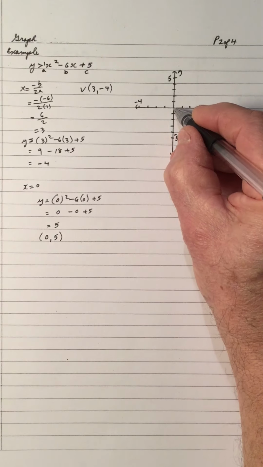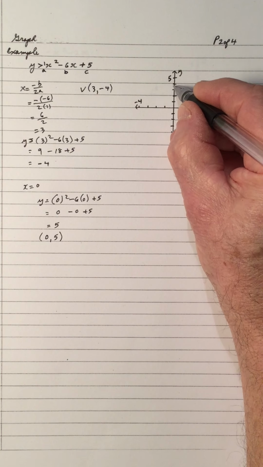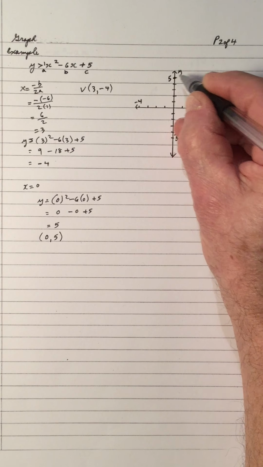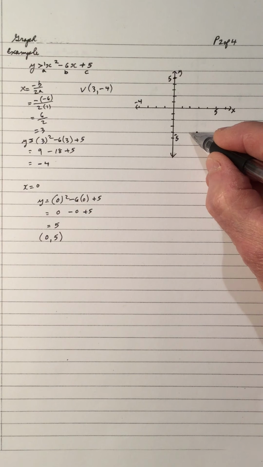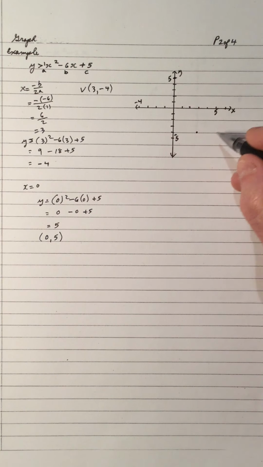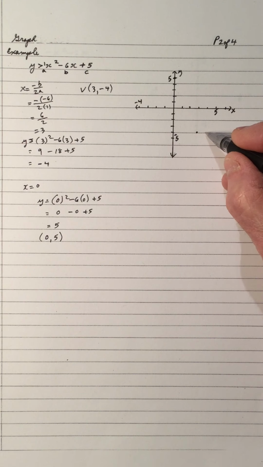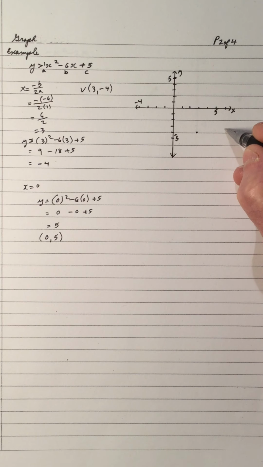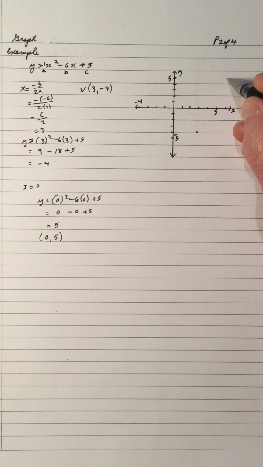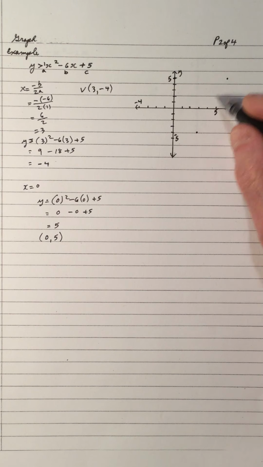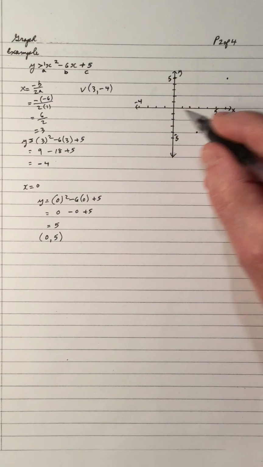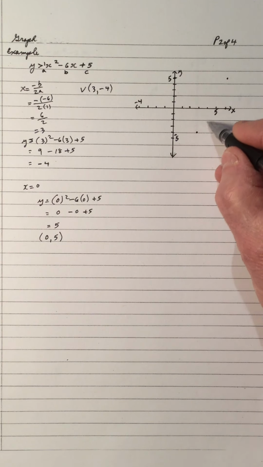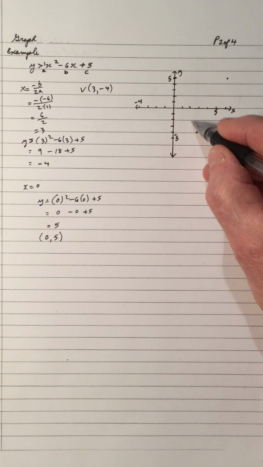So when x is 0, y is 5. 1, 2, 3, 4, 5 right there. So notice I have 3 units to the left, I have a 5. If I go 3 units to the right, which is right here, I can also have a 5 because it's symmetrical. So the parabola has this vertex, and the boundary line is this parabola.